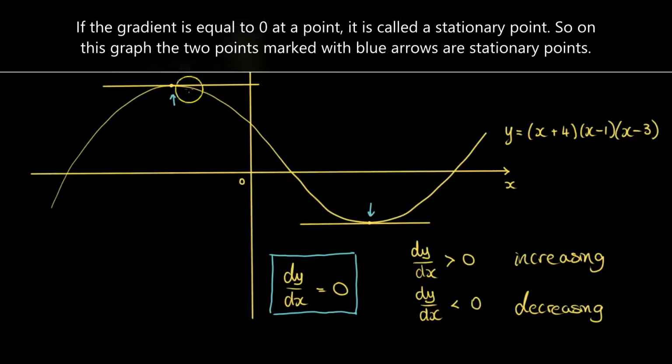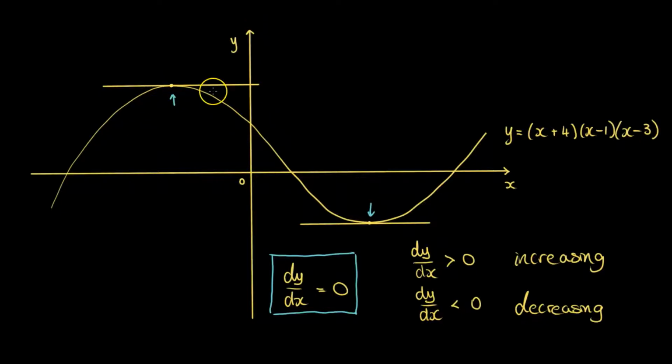So they're the minimum or maximum points on my graph. Either side of this point here, the y values are going to be lower. So we call this a local maximum. It's not the biggest point on the entire graph, so if we continued up the right-hand side here, we'd find points where the y value was greater than this point here, so it's just a local maximum.